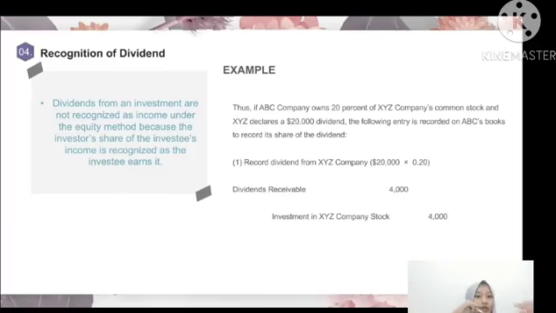So the ABC company will record the dividend as dividend receivable $4,000 and investment in XYZ company $4,000. 4,000 we can get from $20,000 times 20% or 0.20.